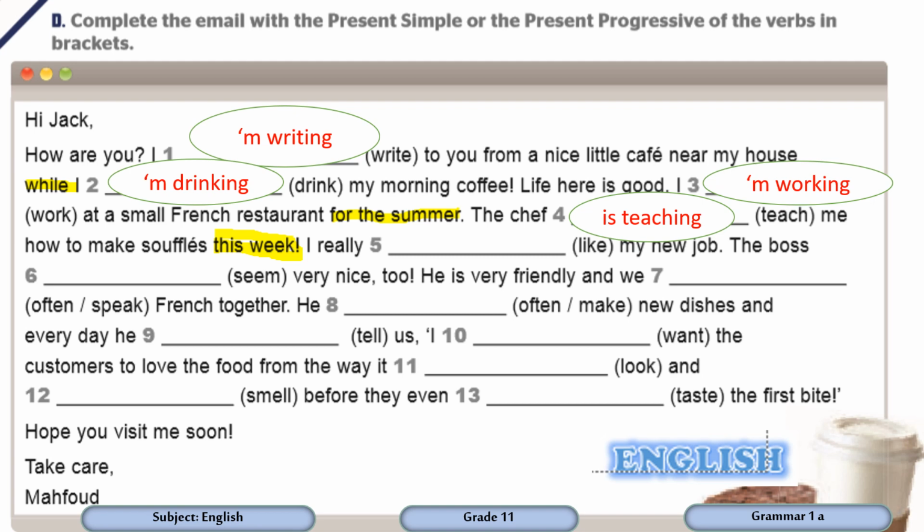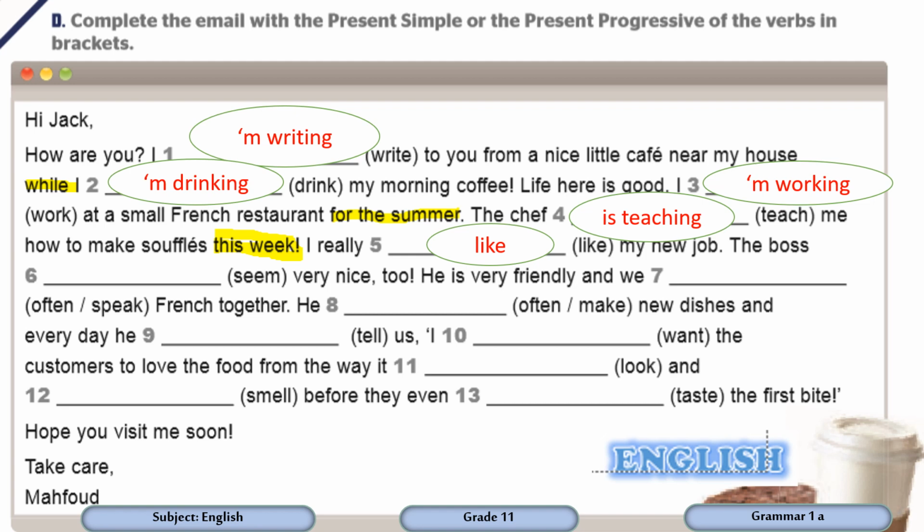I really like my new job. As we said, like describes your feeling, your state, and this is not an action. So the present simple with the stative verbs: I really like my new job.